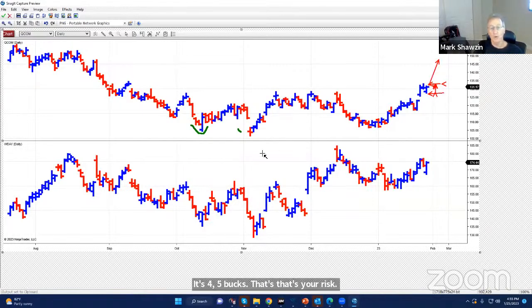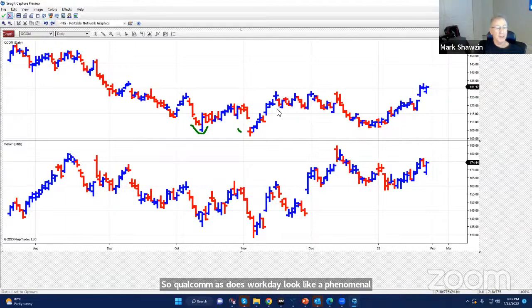And I think Qualcomm looks like it should go back to this 155 area, so you could make 5-to-1 risk reward. So Qualcomm, as does Workday, look like a phenomenal opportunity.